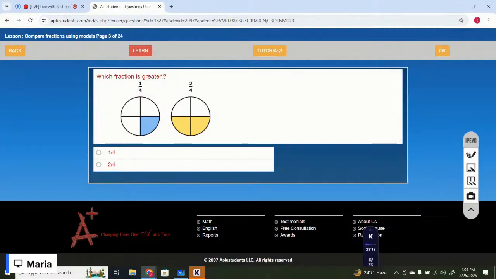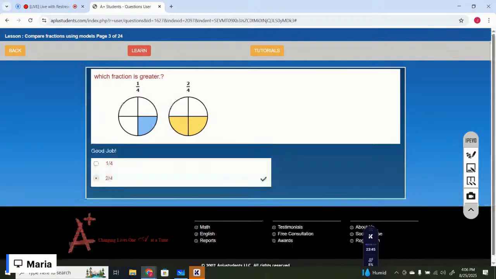Which fraction is greater, 1 by 4 or 2 by 4? 2 by 4 is greater than 1 by 4, so option number 2 is the correct option, that is 2 by 4.